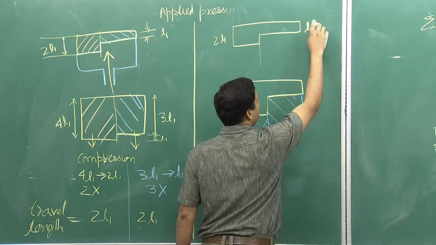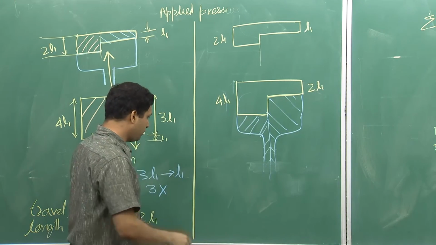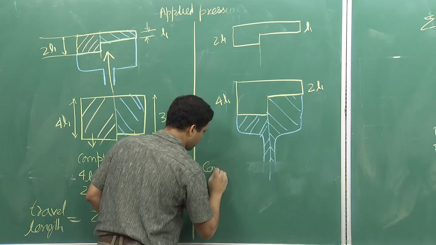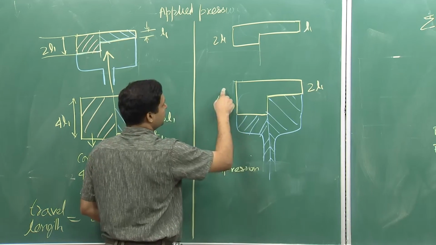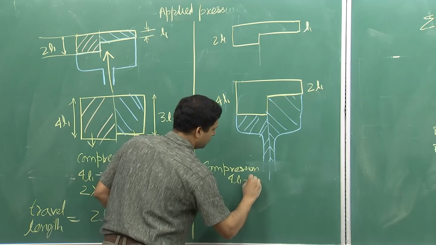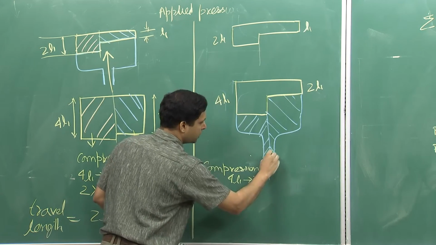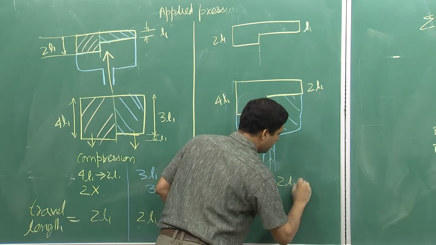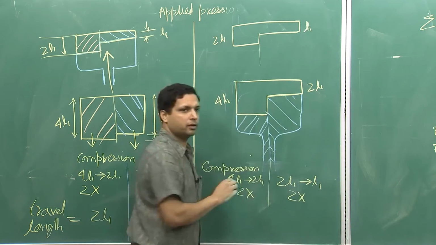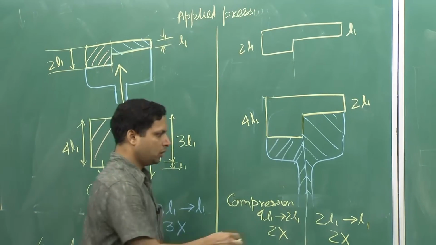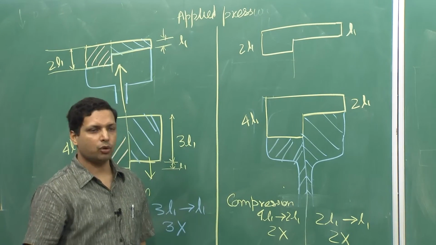Here it is 2 L1 and getting compressed to L1. So, if we talk about compression, 4 L1 to 2 L1 on this side, and over here 2 L1 to L1, that is 2x. So, now we are safe, we have equal amount of compression on both sides.